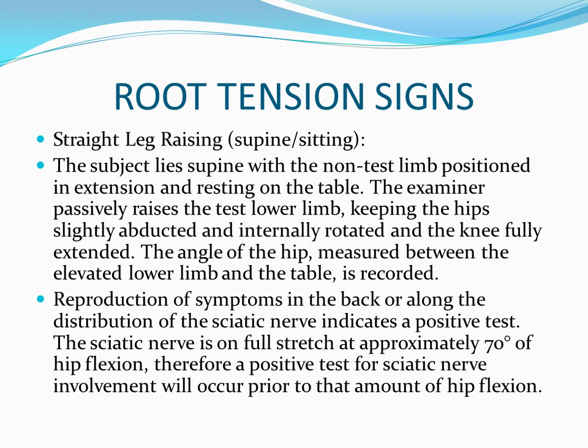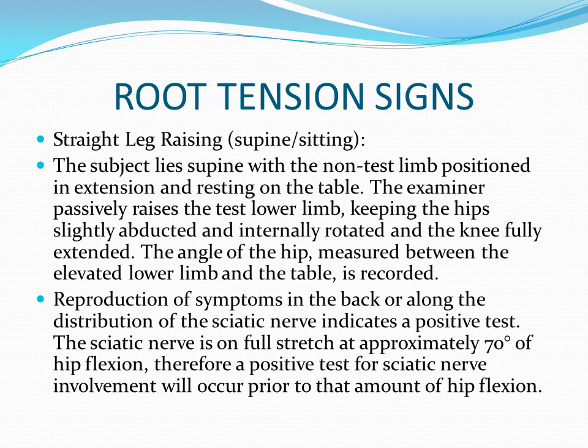And how many times have you had examinees who are able to complete 85 degrees of straight leg raising before they report a reproduction of symptoms? That would be considered unrelated to nerve root tension, perhaps related to some of those other structures that we talked about, such as the connective tissues, the fascia, the hamstring muscles, etc.